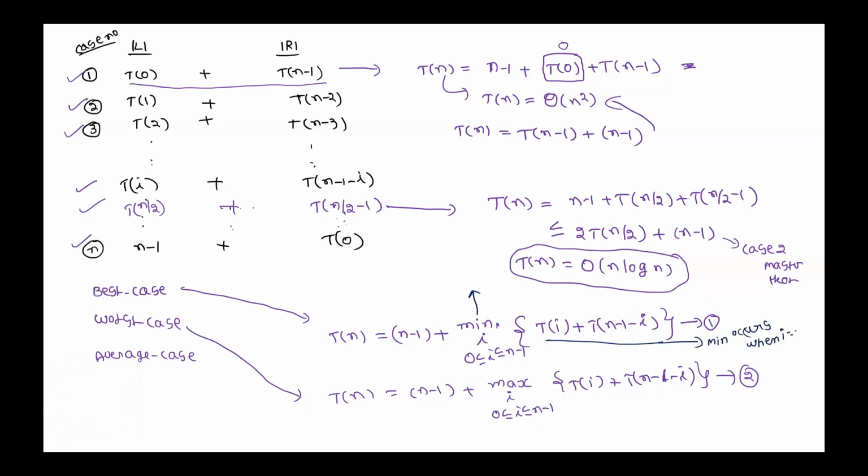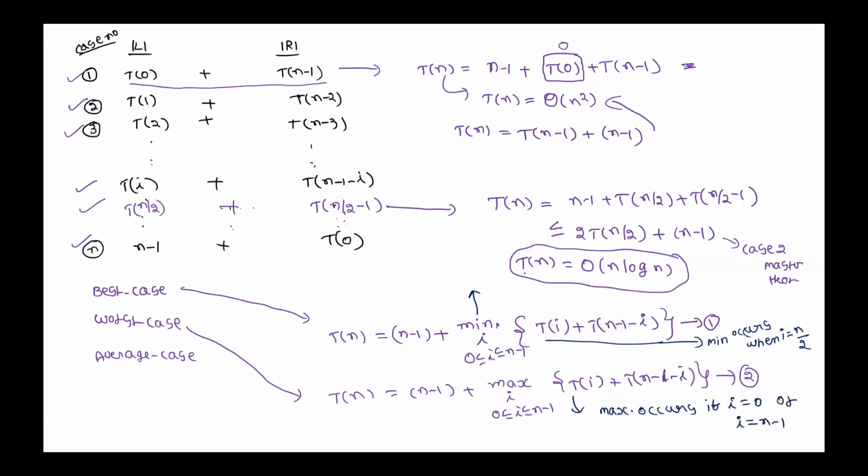It has been shown, and I am not going into the proof, that, similarly, maximum occurs when I equals 0 or I equals n minus 1. These are also simple proofs, but I am not doing that.